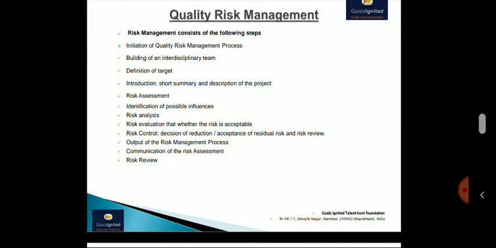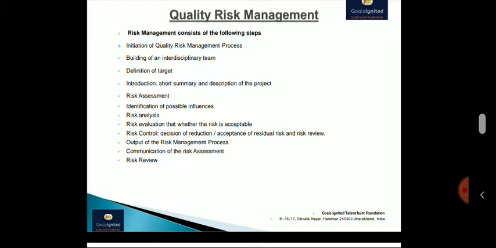Then the actual risk assessment, then identification of the possible influences, what risk factors are involved and possible failures. Then the risk analysis, then the risk evaluation, whether the risk is acceptable or not acceptable.